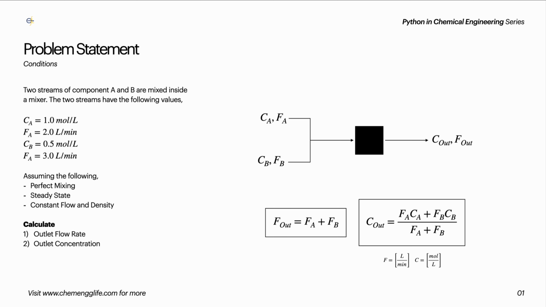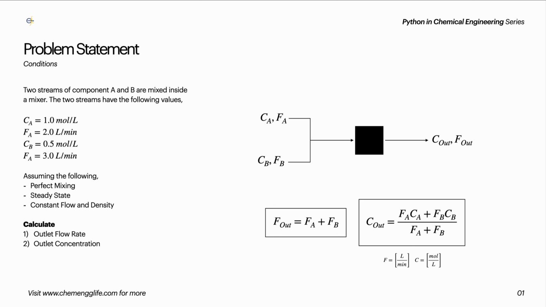Now the two streams that are coming in, they get mixed up, and then you have a C out and an F out stream on the other side. Now the material balance for the flow rate is relatively quite simple, because you have FA plus FB, so it's basically the sum of the two streams.